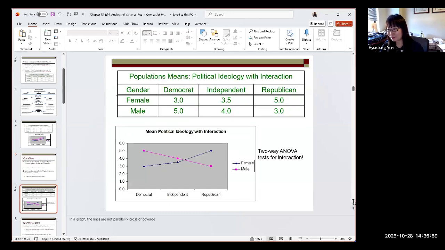But most of the time, the purpose of multi-factor ANOVA is that rather than simply running each one-way ANOVA, we put multiple independent variables together. Why? The statistical and theoretical purpose is that you want to see whether there's an interaction. Is there an interaction between gender and party affiliation that changes their political ideology?